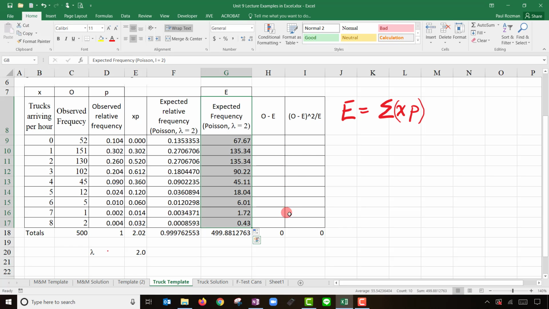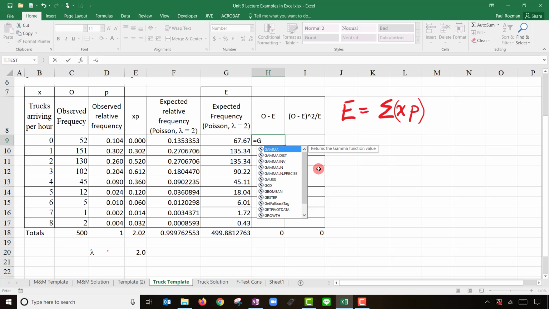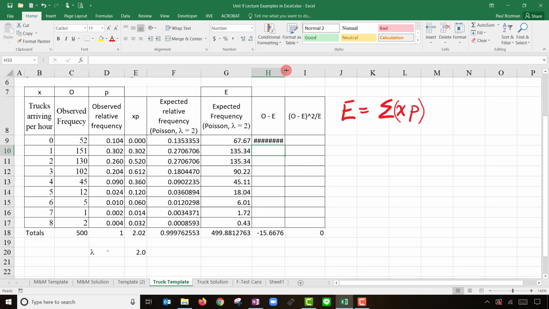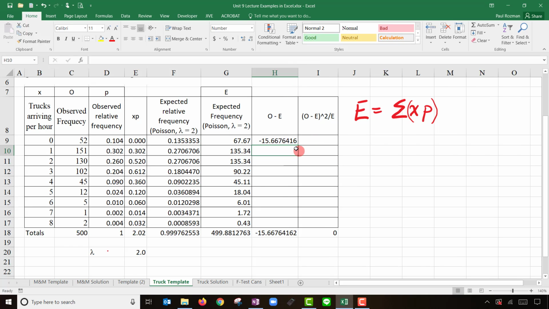We can calculate our chi-square, figure out our errors here. It's observed, which is in C9, and then subtract our expected, which is in G9. And I need to make my column a little wider. Do that for all of them. And then I need to square those guys.